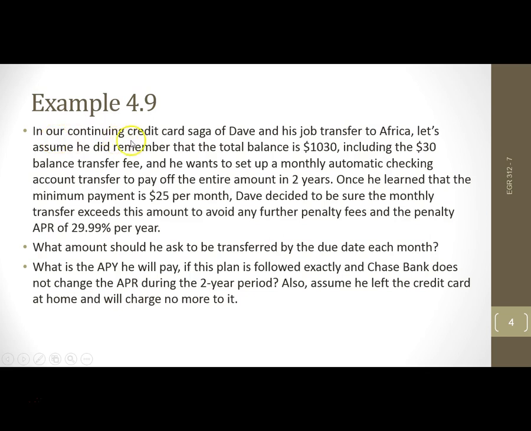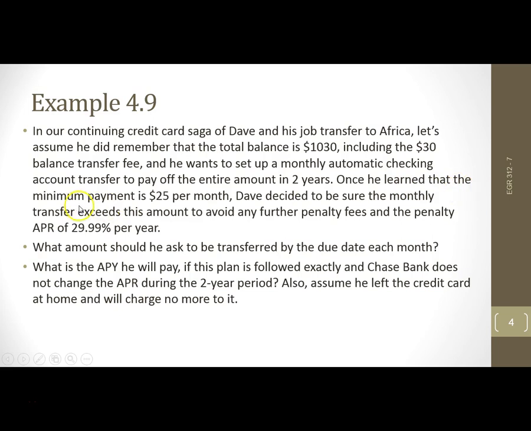So in our continuing credit card saga of David and his job transfer to Africa, let's assume he did remember that the total transfer balance was $1,030, including the $30 transfer fee. And he wants to set up a monthly automatic checking account transfer to pay off the entire amount in 2 years.